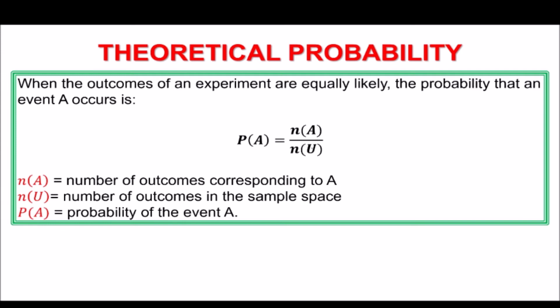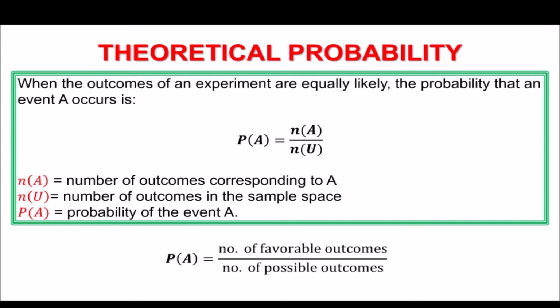In general, it is the ratio of the number of favorable outcomes, that is the number of events, over the number of possible outcomes, which is the number of sample space.